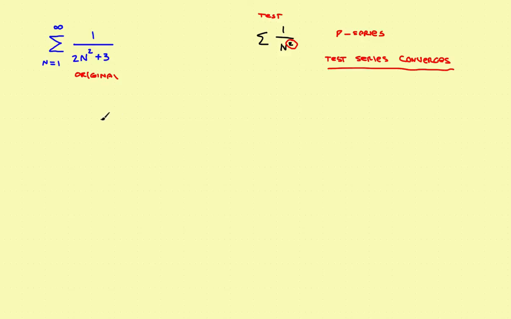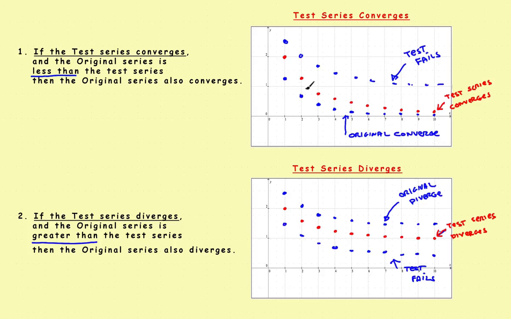Okay, so in this case here, I want the original, and I want to compare that to the test, and I'm hoping that the original series, and I'll put a question mark because I'm not sure, is less than the test series. Because if it is less than the test series, then it's in this situation right here, and I can conclude that the original series converges.